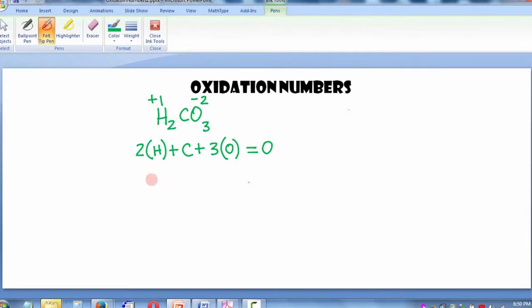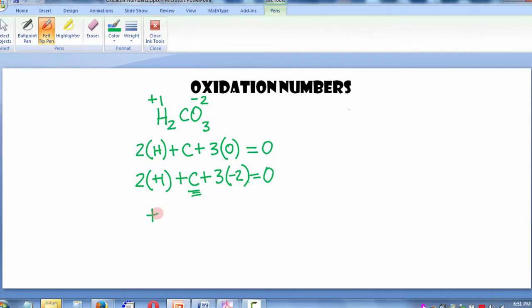Okay? So we know the oxidation state for hydrogen is +1, plus carbon, and 3 times -2 must equal 0. Our unknown is carbon.